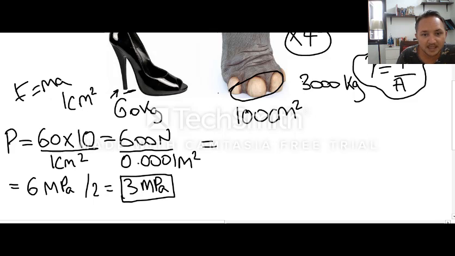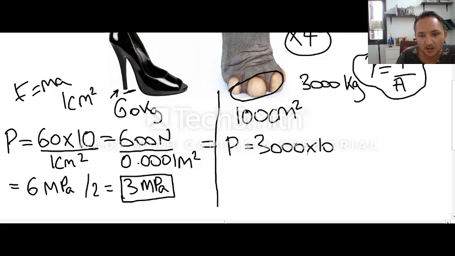All right, let's have a look at what the elephant does as far as damage. The pressure in this case is going to be, remember, the force equals the mass times acceleration, so 3,000 times 10, which is going to be 30,000, or probably because we're working with newtons here, let's just say 30 kilonewtons.